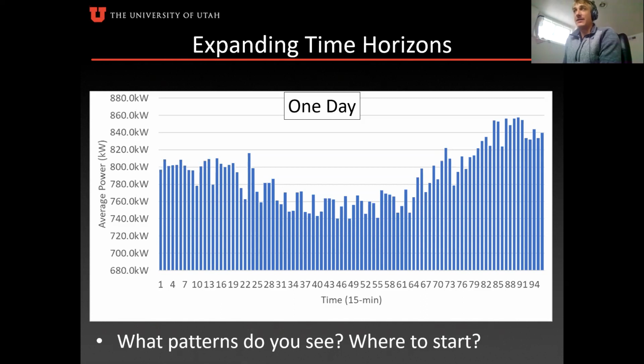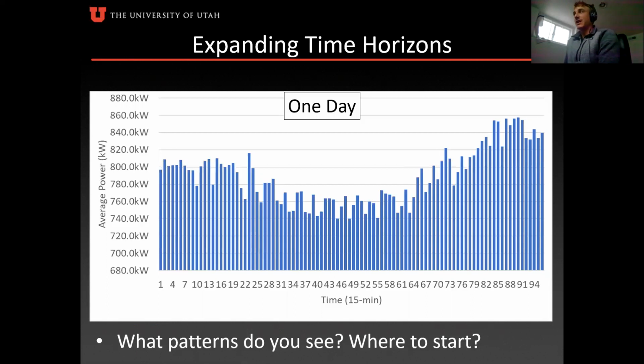It's not very exciting because it only ranges from 680 kilowatts to 880 kilowatts, maybe not even that. But you can start seeing that there are these different patterns, and maybe earlier in that last time interval it was just the 37 to 47, that lull in the middle of the day.